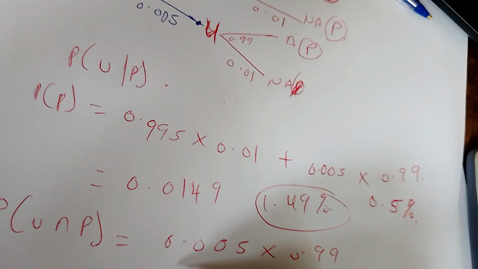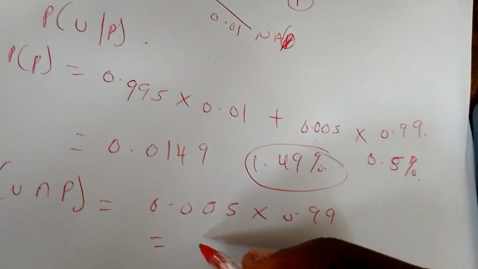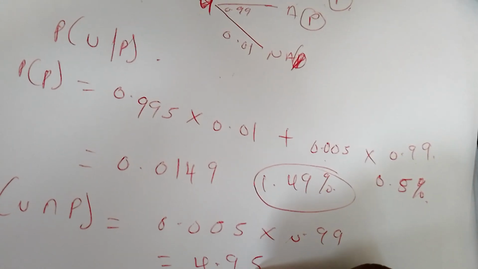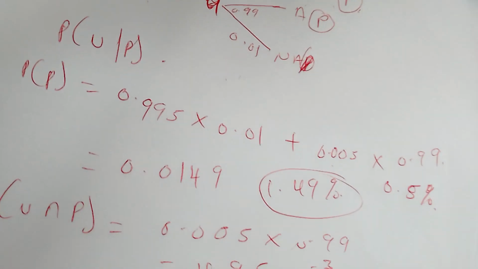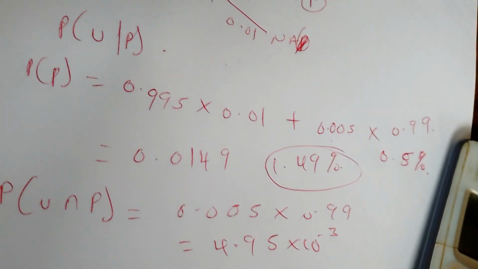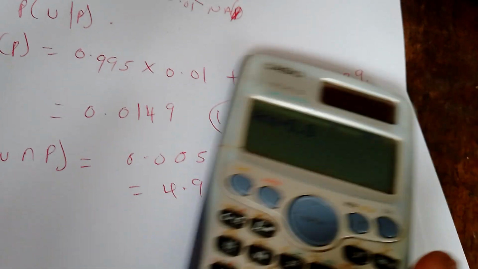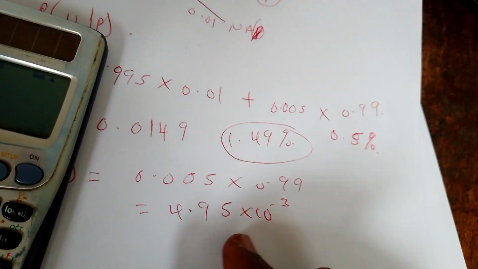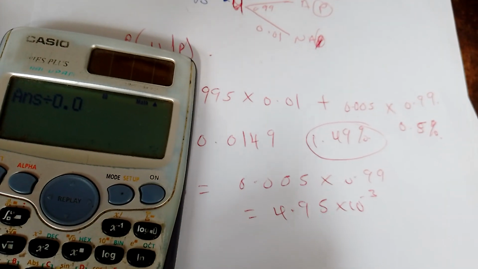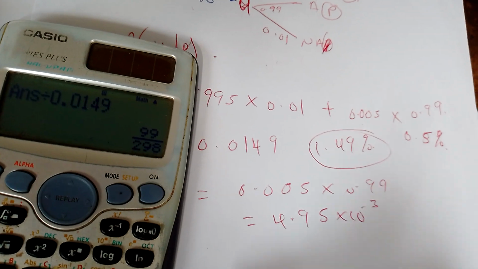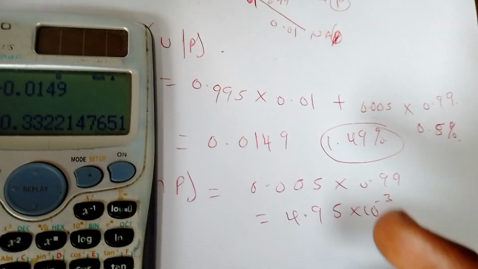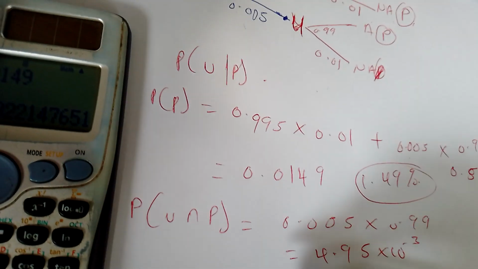Okay, so this is a relatively small number. Let's keep it. Now, what's our final task? Our final task is to divide this number by 0.0149. Hopefully we'll have an answer.